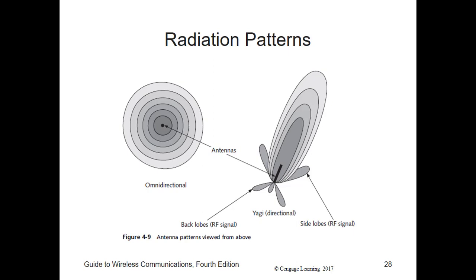So if you remember, antennas emit signals in 2 dimensions, horizontally and vertically, and antenna specifications almost always include a vertical beam angle that a particular antenna would emit.